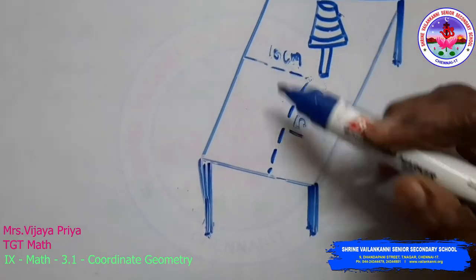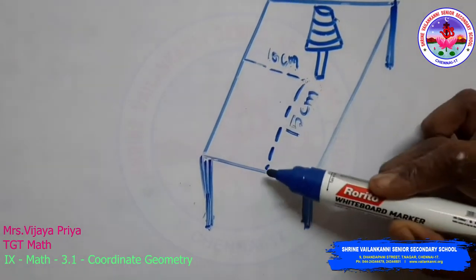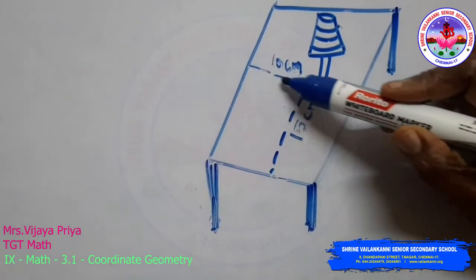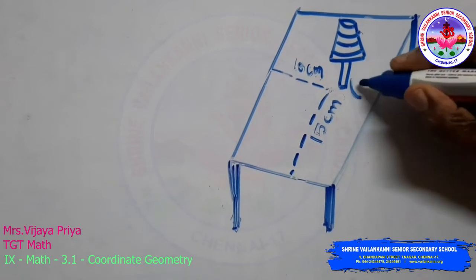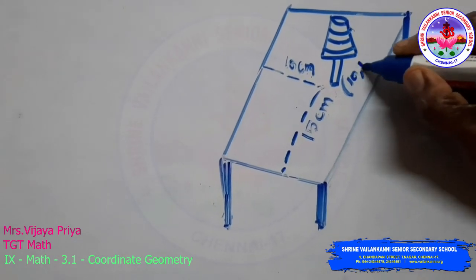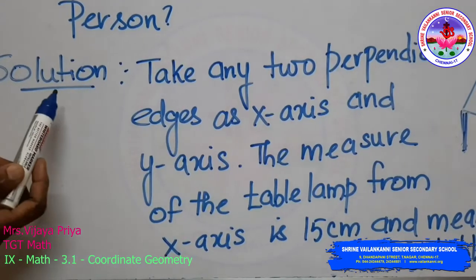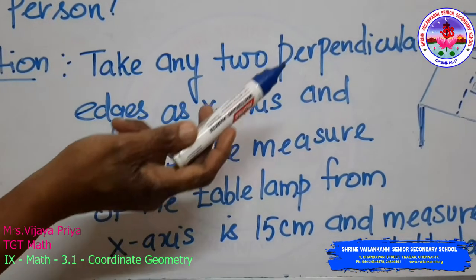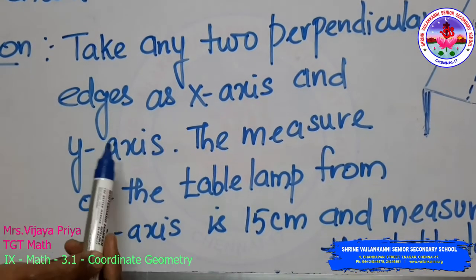So depending upon this 10 centimeters related to the x-axis point and this 15 centimeters related to the y-axis point, my position of the table lamp will be 10, 15. Now coming to the solution, I have written what I said in the figure. Take any two perpendicular edges as the x-axis and y-axis.